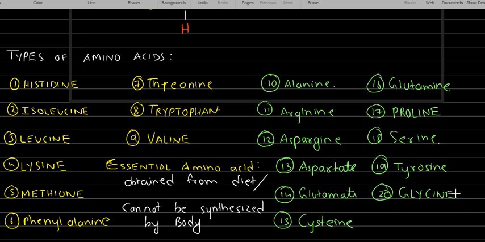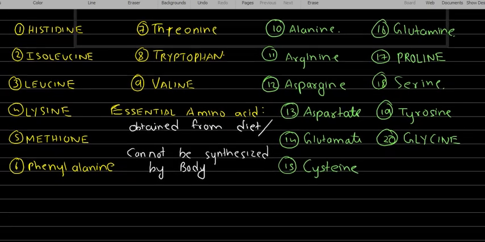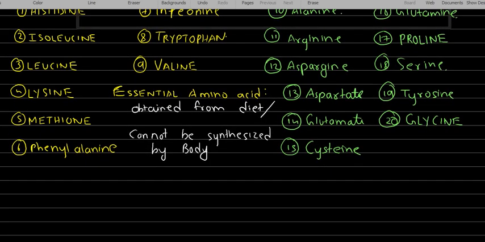So now these amino acids which are green in color, we call them non-essential. Here non-essential does not mean that it is not required by the body. Here the meaning is different. Essential and non-essential is with respect to whether the body can synthesize them or not.